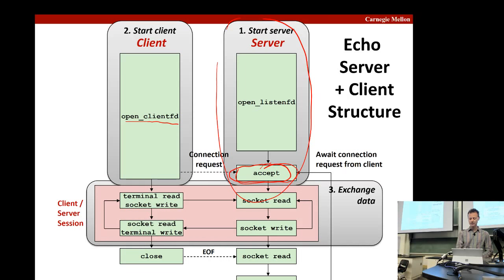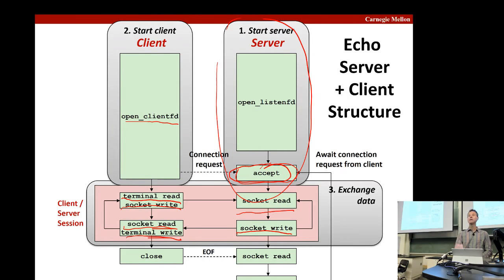Given this connection, you're in a loop where you read what's been typed to the terminal and write that to the socket, which gets sent across the network. Then there's a socket read on the server side, and since it's just echoing, it turns around and writes that right back on the socket going the other way. That gets read by the client socket, you write to the terminal, and then you repeat.